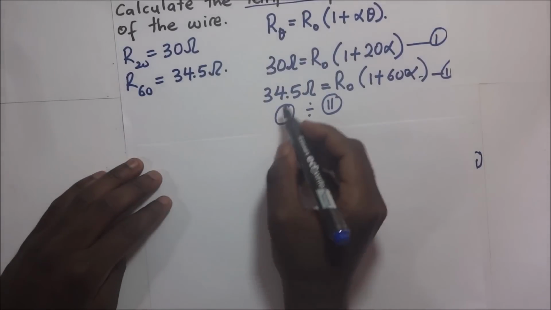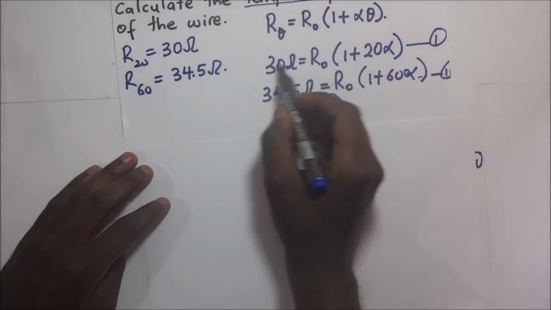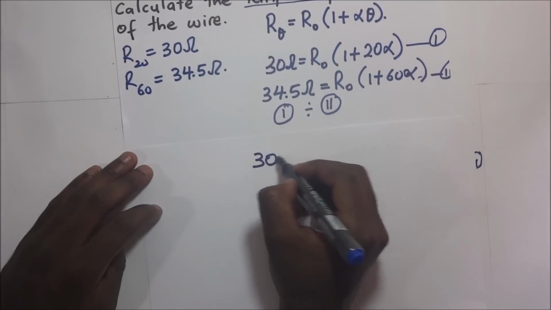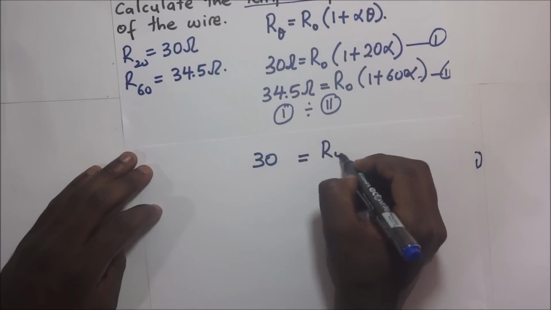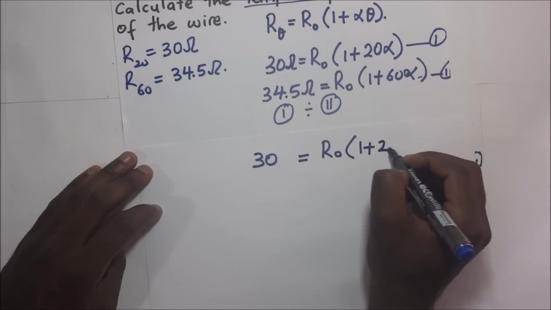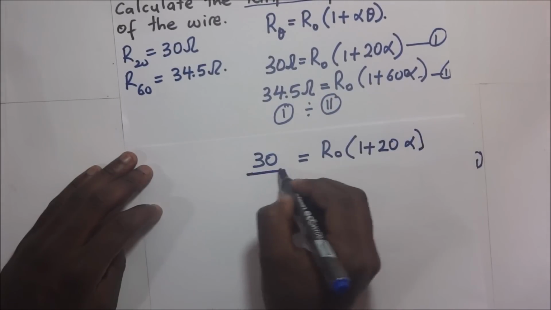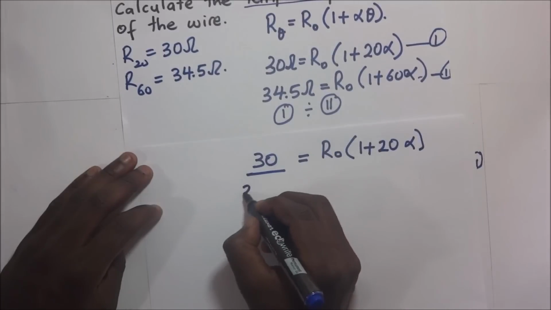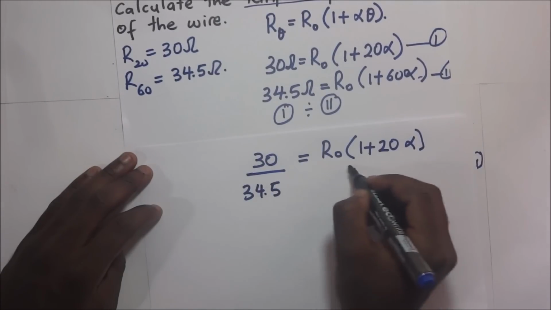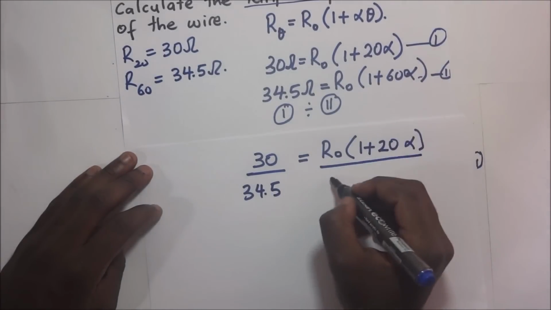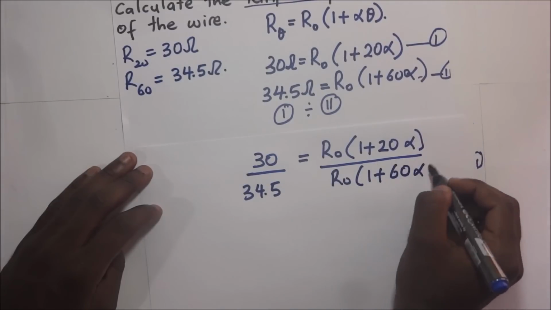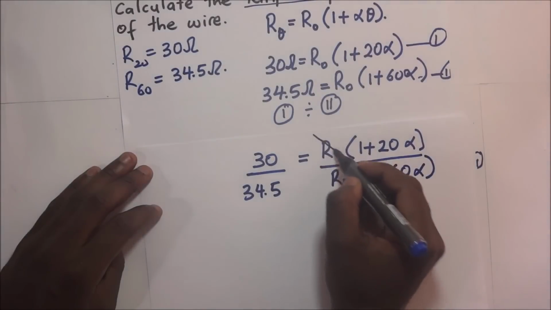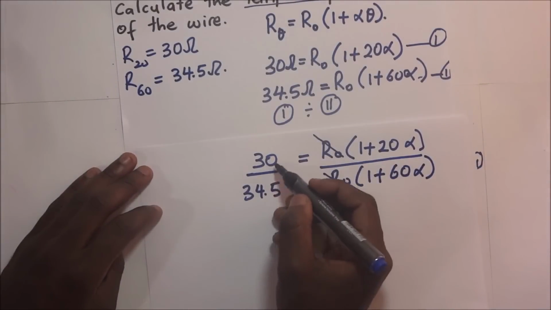Equation 1 is 30 equals r naught into 1 plus 20 alpha, divided by equation 2, which is 34.5 equals r naught into 1 plus 60 alpha. So of course this r naught and that r naught cancel out.